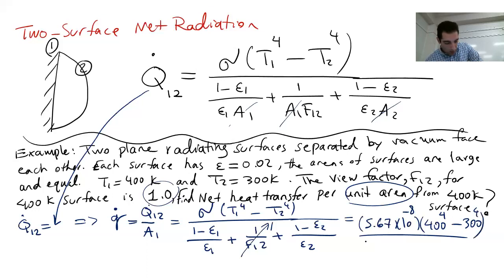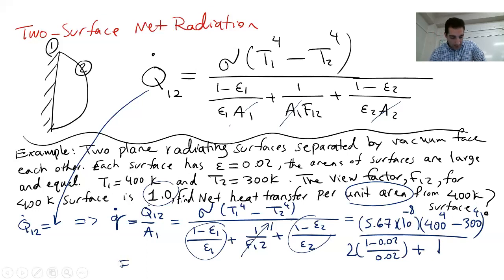divided by 1 minus epsilon 1, which is 0.02, divided by 0.02. By the way, epsilon 1 and epsilon 2 are the same, so I simply multiply by 2, right? Because I have one here, one here, and then the view factor 1, which totals to 1.